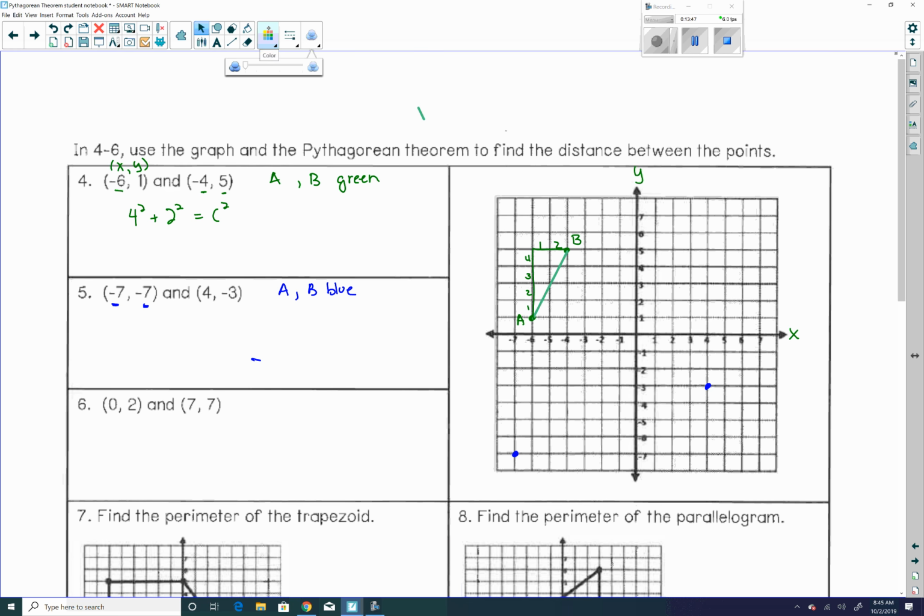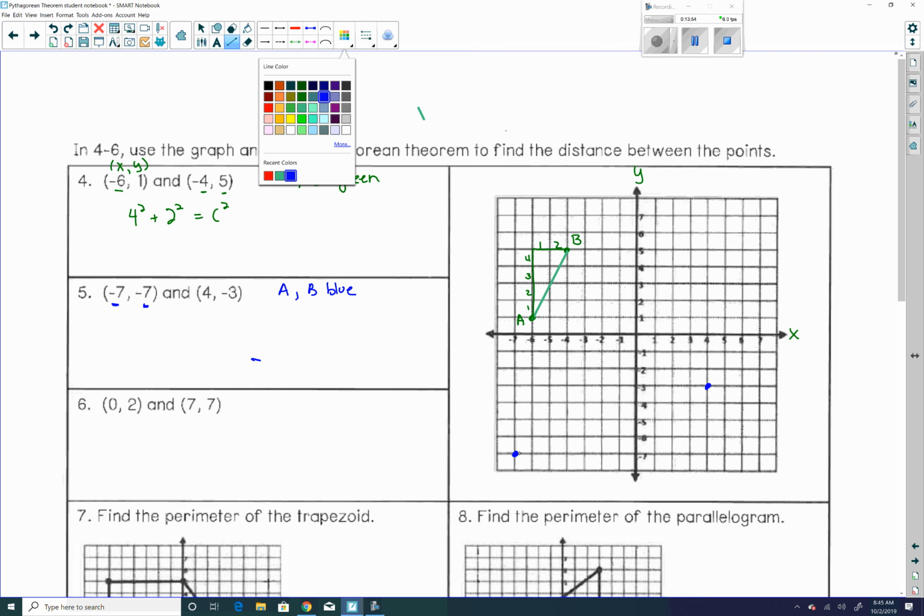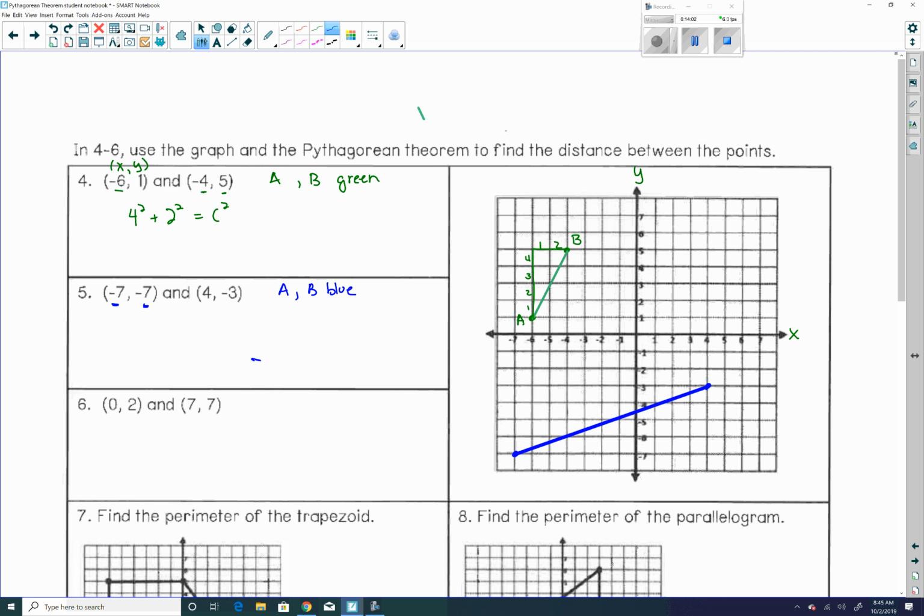Let's do a line. Let's do blue. There's my blue line that I'm trying to figure out for the second one. So again, my next step is going to be to make my triangle. Go ahead and pause the video and make your triangle here.